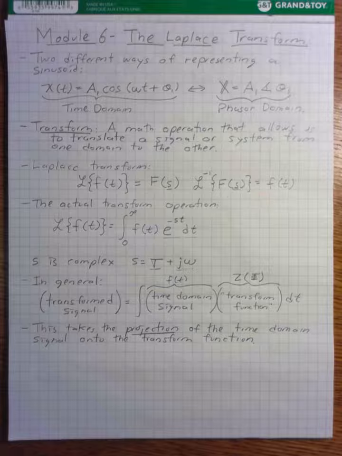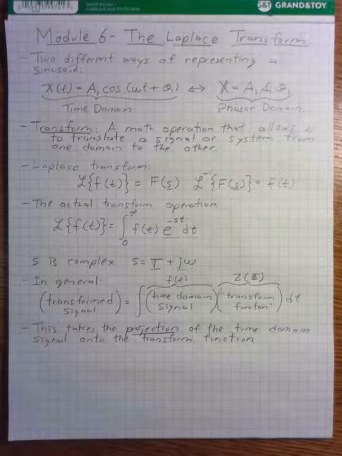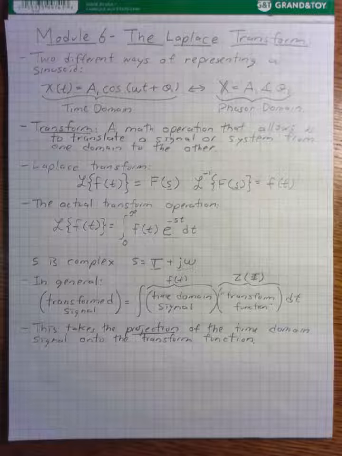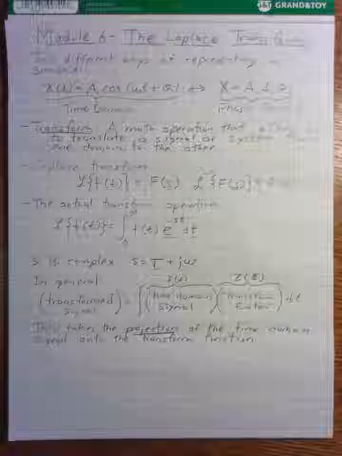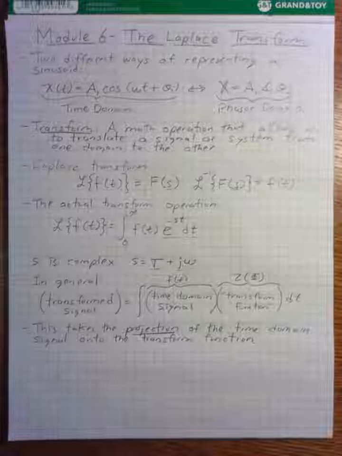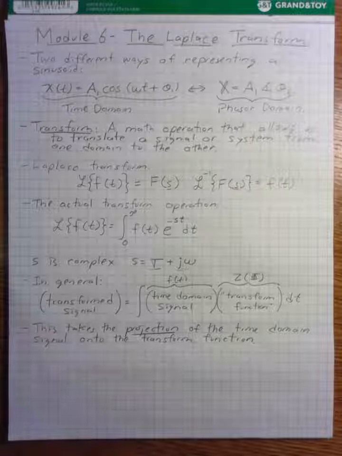If f of t and z of phi are not similar at all, if when one is positive, the other is negative, and so on, then when you multiply the two together, you'll get a product that's sometimes positive, sometimes negative, and when you do the integral, you get a value that's fairly small.